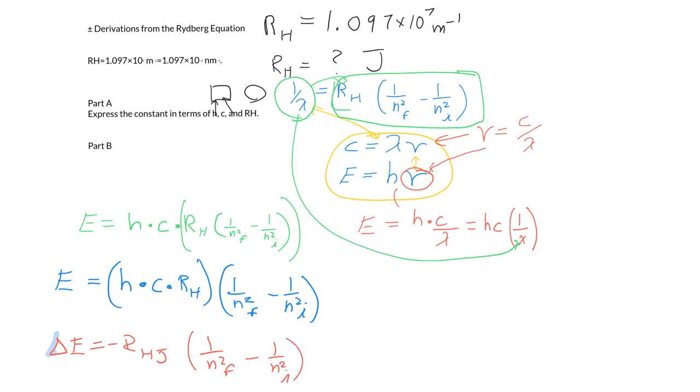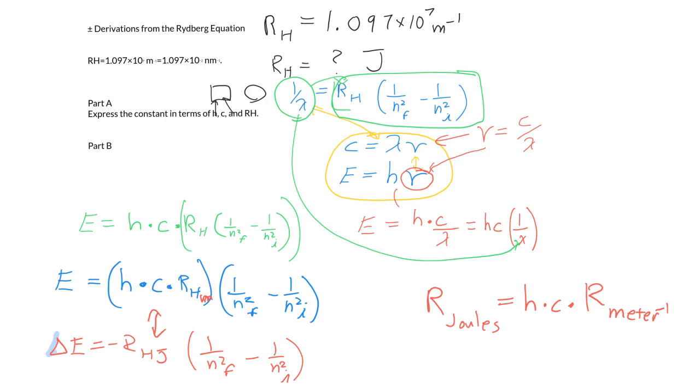Therefore, where our RH value right here is in inverse meters, the Rydberg constant in joules has to be equal to Planck's constant times the speed of light times the Rydberg constant in inverse meters. And we can actually prove that.